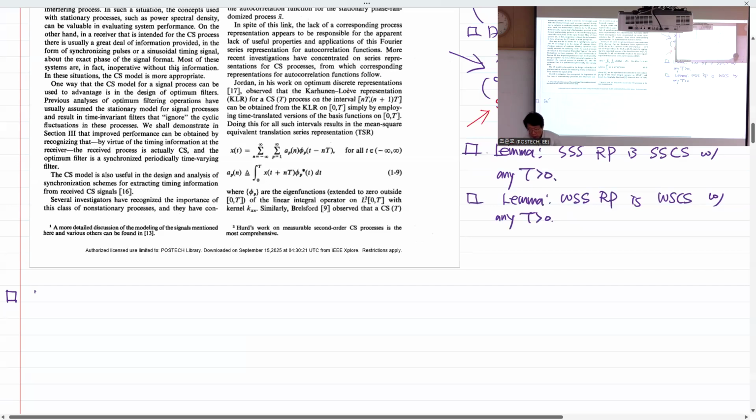So here goes the related definition of two random processes being jointly wide sense stationary.